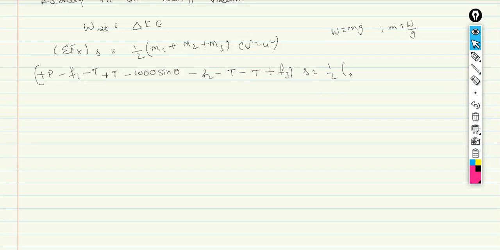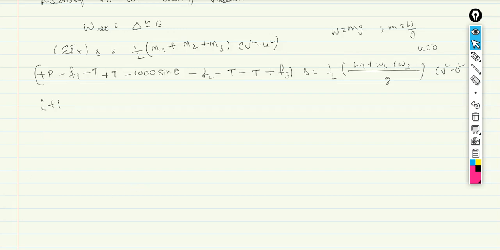So I am using this formula over here. So that is (W1 plus W2 plus W3) by g into V square minus 0 square, since U is equal to 0, because it is starting from rest.